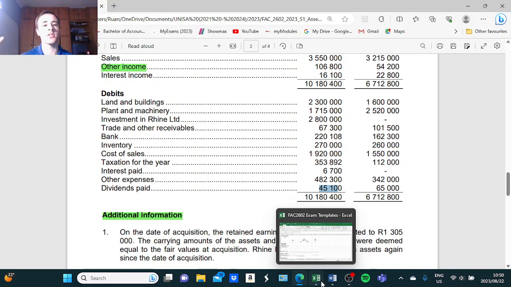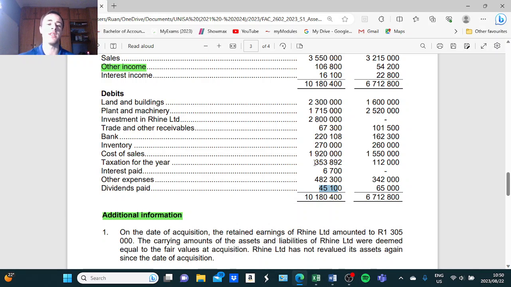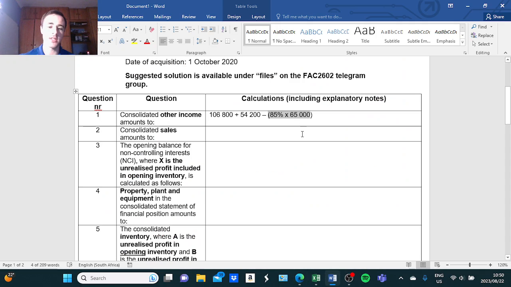It is only the subsidiary's dividends that were paid that include an intergroup portion, because 85% was paid to the parent and the remaining 15% was paid to external investors, or your non-controlling interests. And we need to eliminate the intergroup portion for consolidation purposes. So this amount right here represents the intergroup dividend.